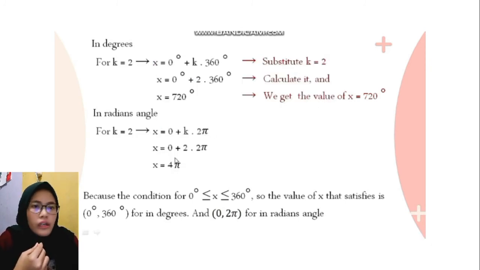Because the condition is 0 degrees less than or equal to x less than or equal to 360 degrees, the values of x that satisfy are 0 degrees and 360 degrees in degrees, and 0 and 2π in radian angles.